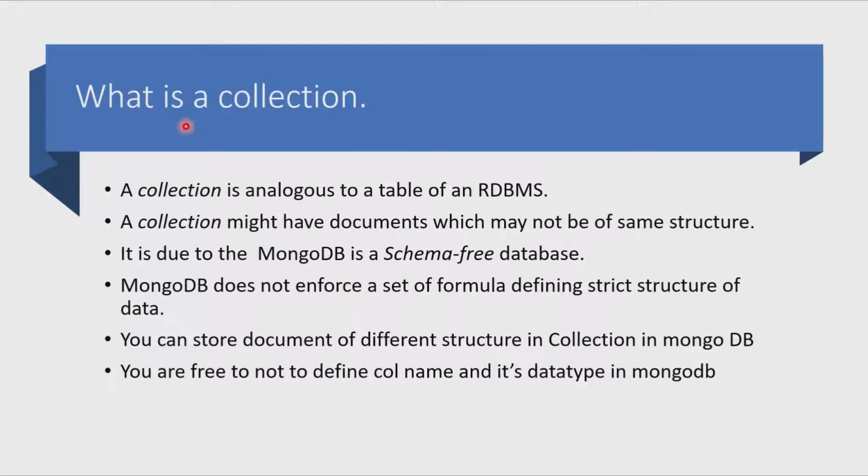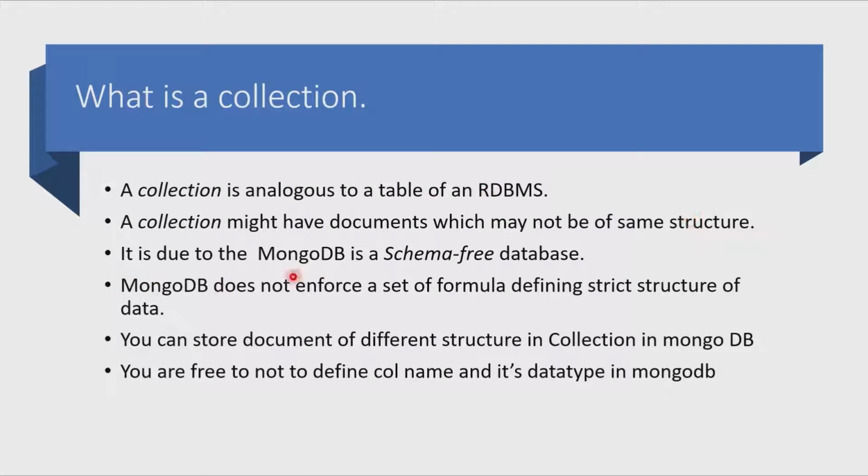If you say what is a document or what is a collection in MongoDB, if you know RDBMS, in RDBMS we say it is a table, and the same thing in MongoDB is known as a collection. A collection will have n number of documents which may be of the same structure or of different structure.